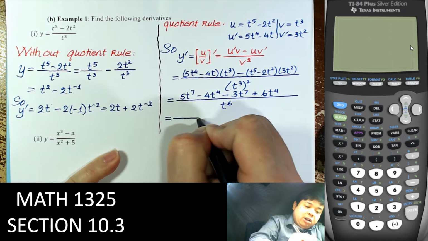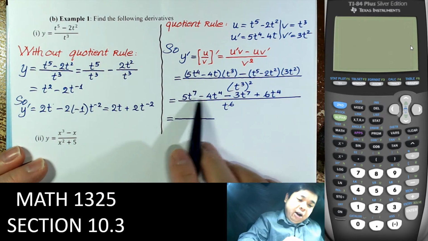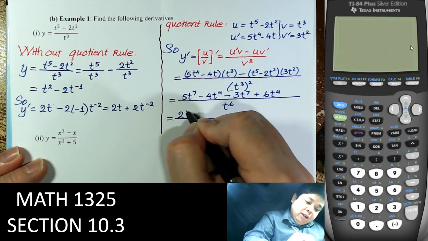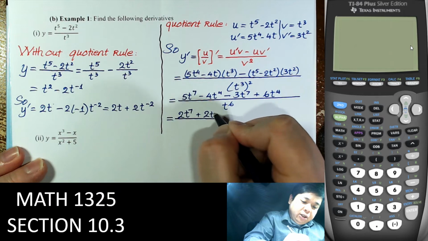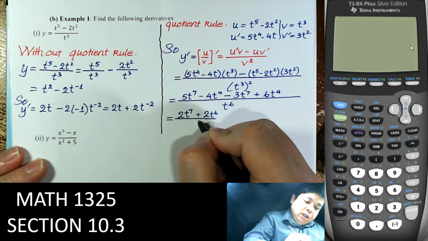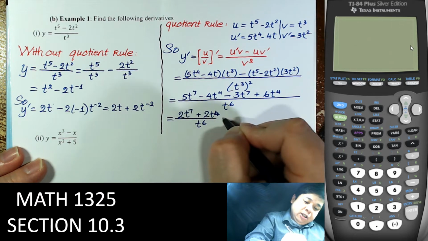Right, to simplify this, we have 5 minus 3, that's 2t to the 7th plus 2t to the 4th over t to the 6th.